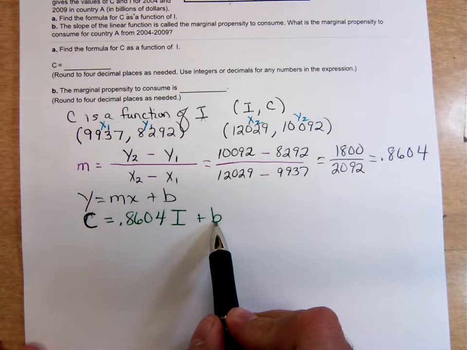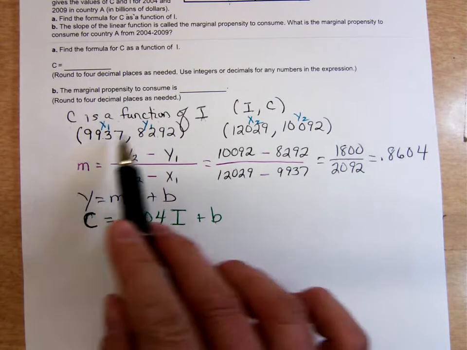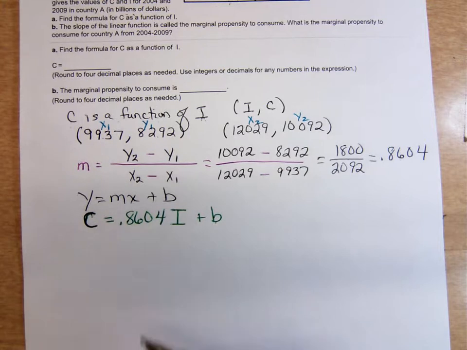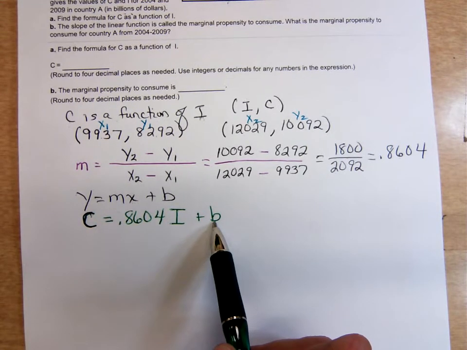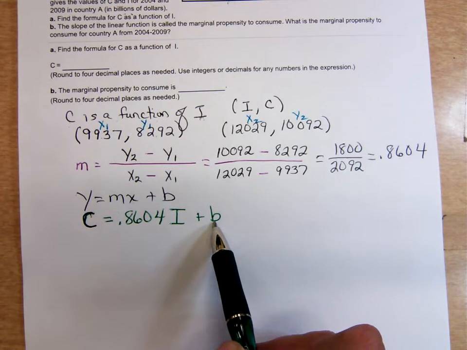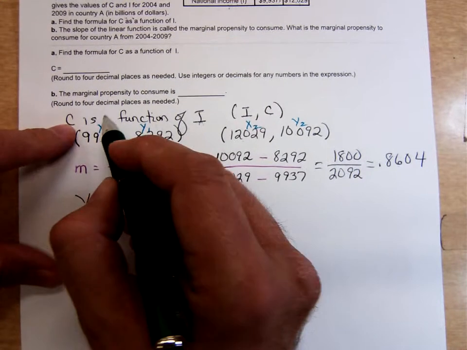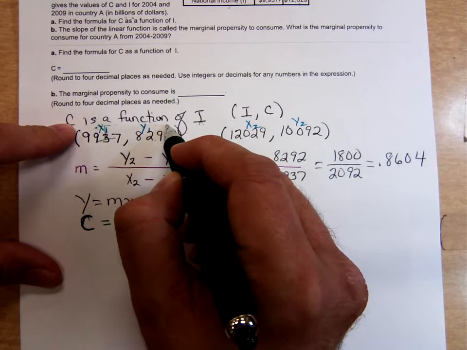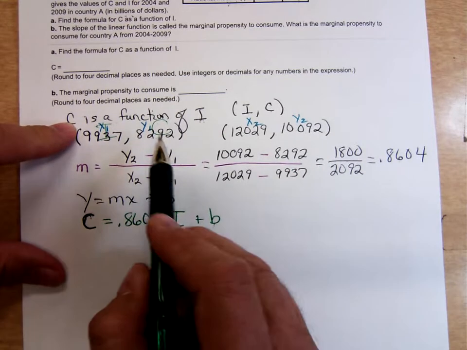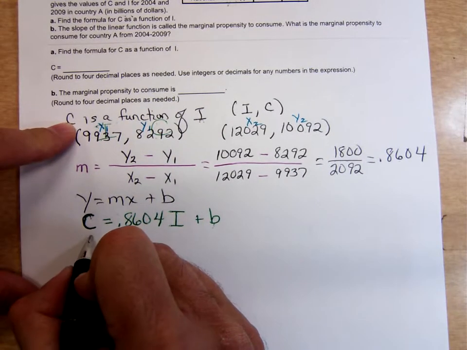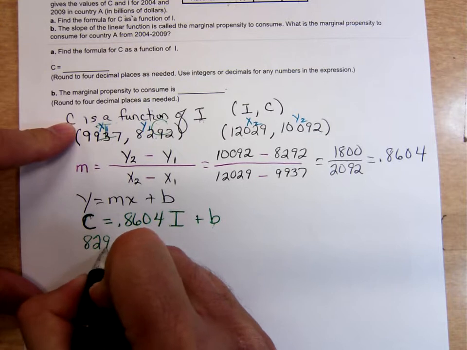Well, have we done that before? Where you have 2 ordered pairs or just 1 ordered pair and you need to find the y-intercept? Well, sure. Only then we were calling them x and y. Here we're calling them I and c. So just choose one of those ordered pairs and plug it in. Remember, this is I, c. So I'm plugging 8292 in for c.